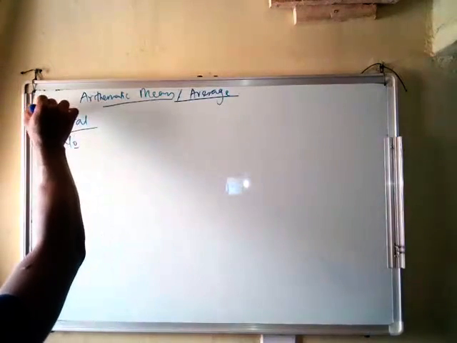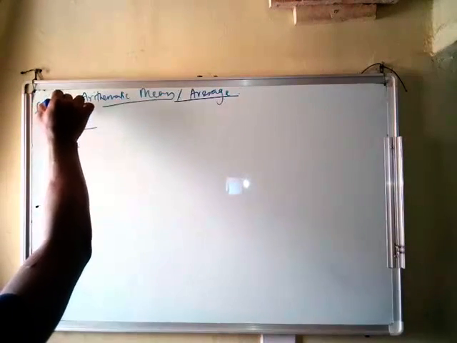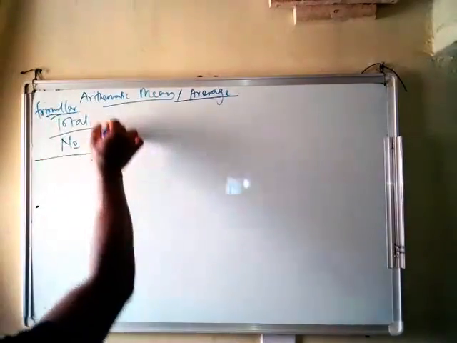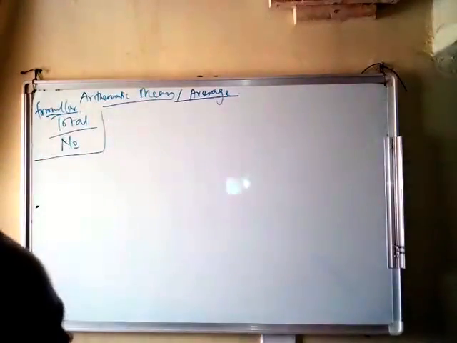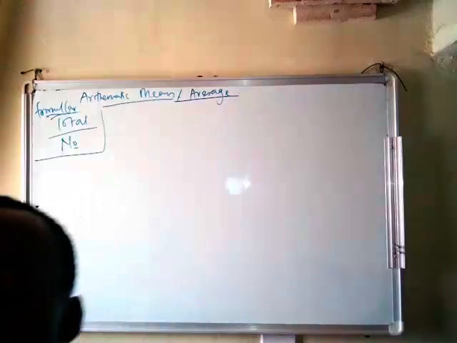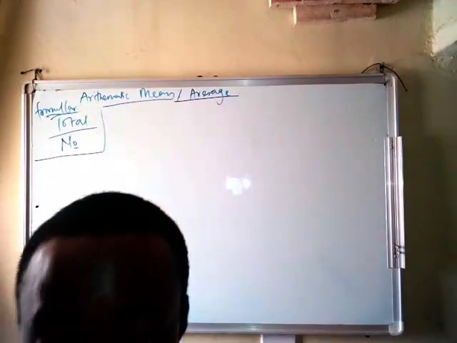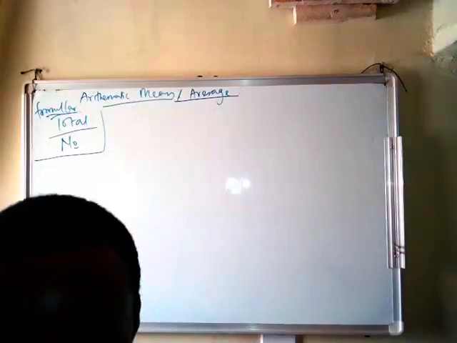So what we are looking at is total over number. This is the formula we are going to be using for the rest of the class.